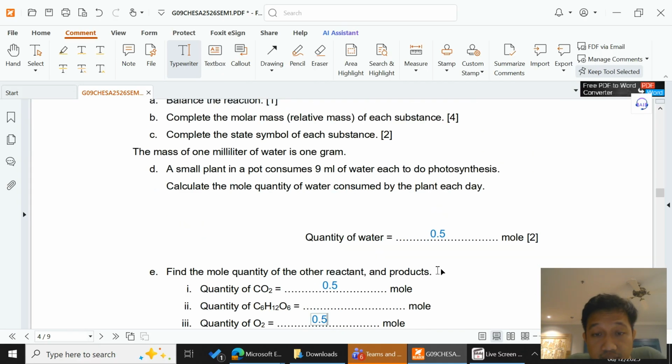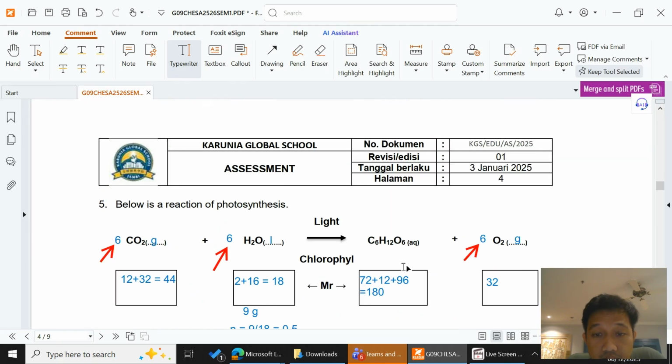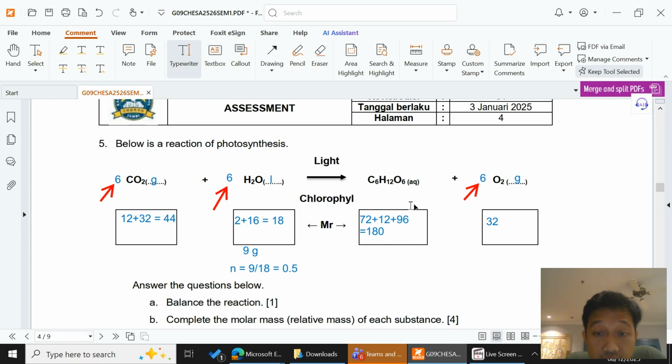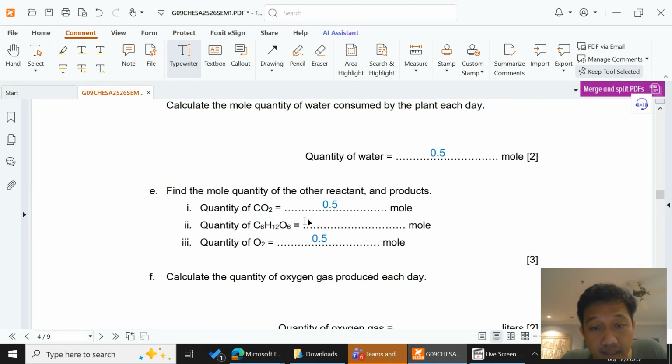But it's different for the glucose. Glucose only contains one. The number here, there's no number, it means it's only one. So how do we find the number of mole of the glucose?